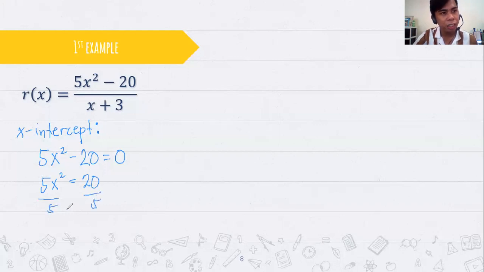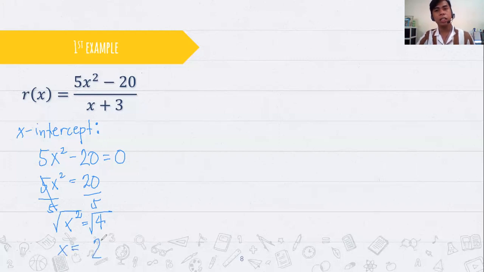So we cancel here. x squared is equal to 4. Okay, so since we have x squared here, we need to square root both sides to eliminate the squared in our x squared.